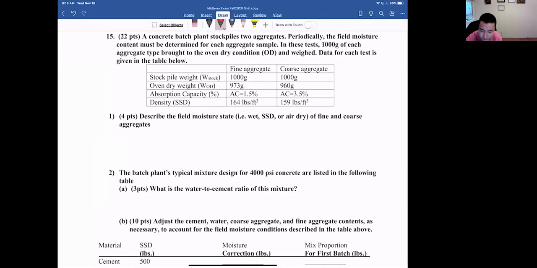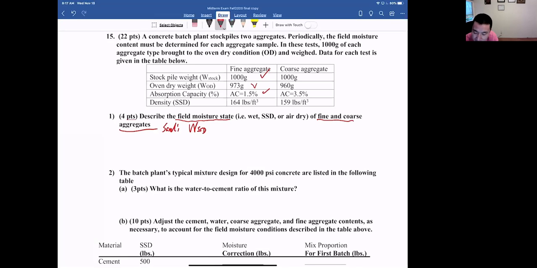The first part of the question: what is the field moisture state of fine and coarse aggregate? You need to do some calculation for that, based on absorption capacity and also the oven dry weight as well as the stockpile weight. For example, for sand, you can calculate the WSSD, which is the saturated surface dry weight.